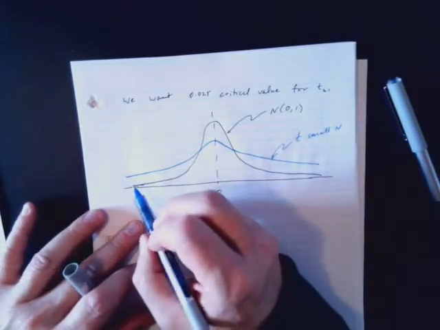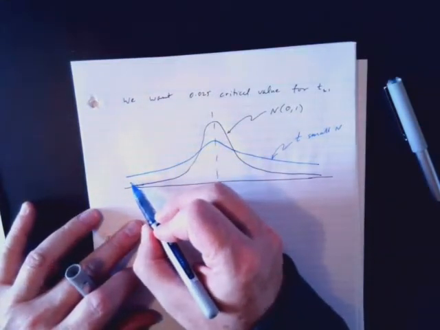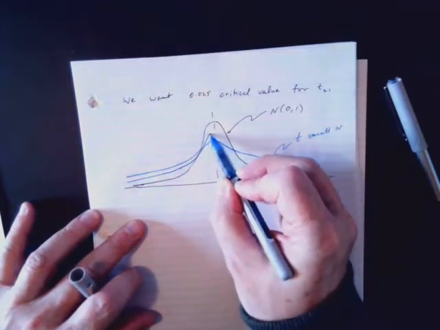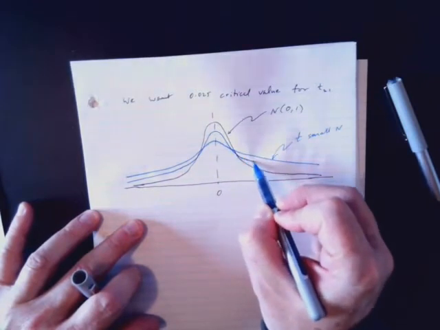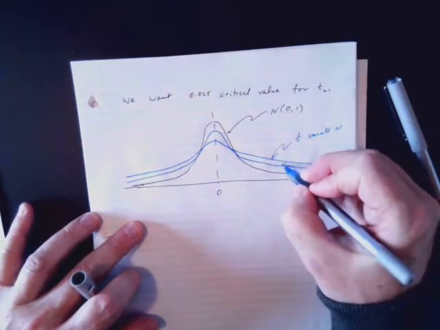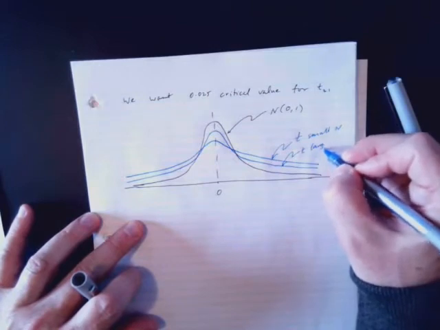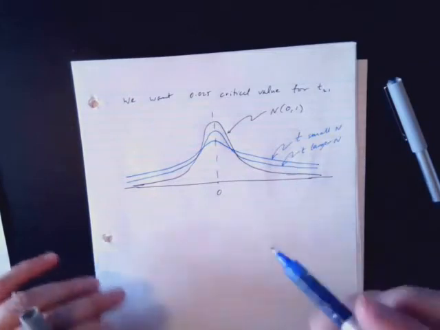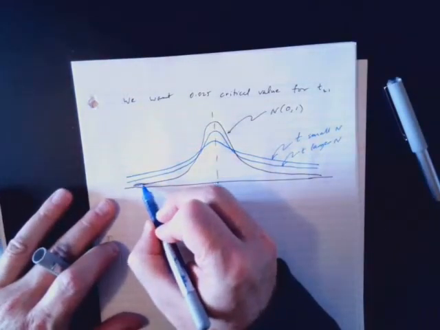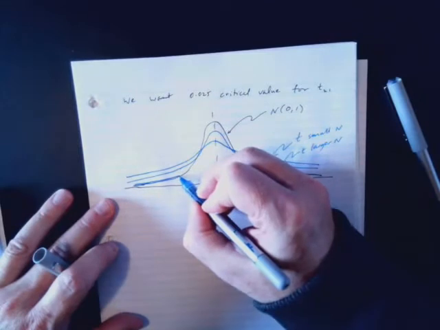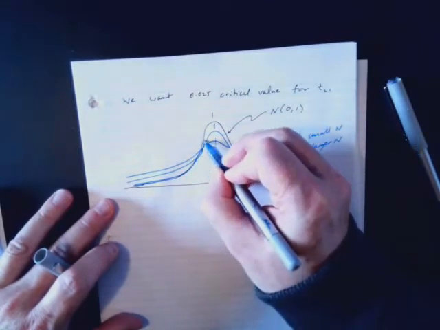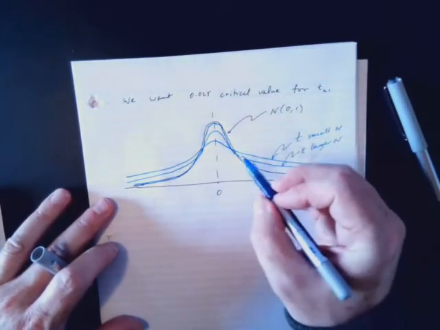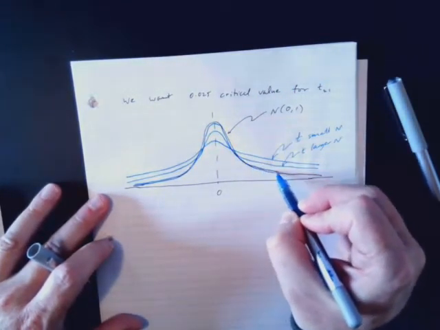But as n gets larger, the t-distribution starts to take on more of the standard normal shape, and then once you get a large enough sample, the t-distribution overlaps the standard normal very closely.